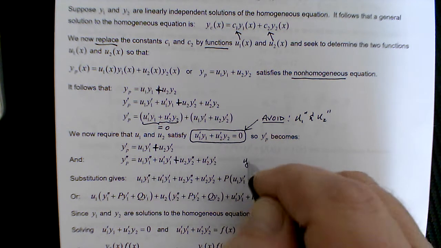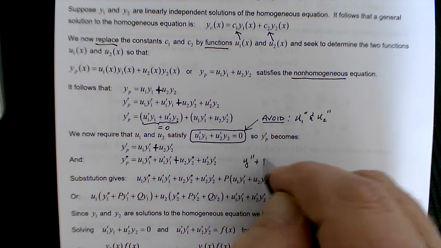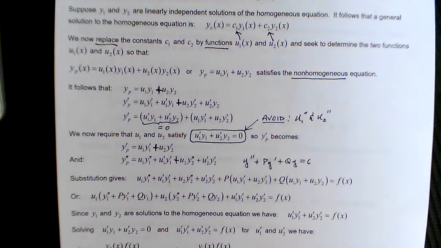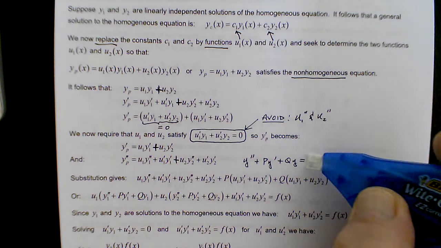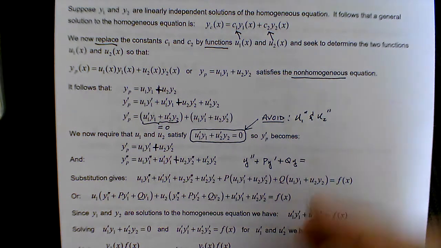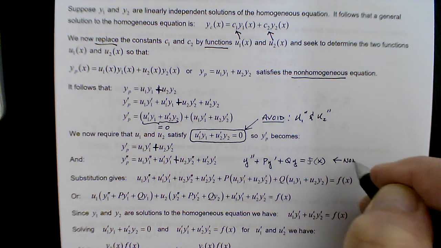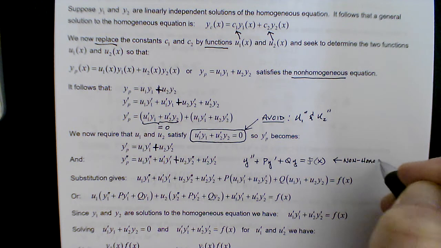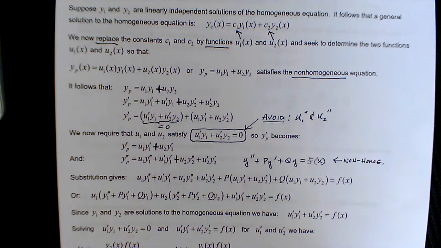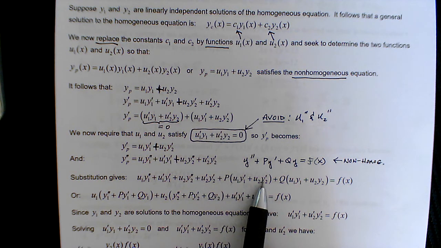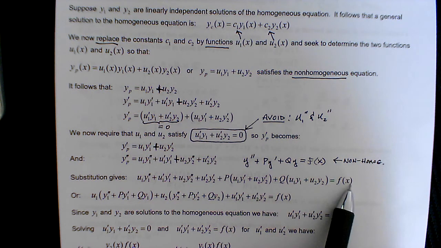So the non-homogeneous was y double prime plus p y prime plus q y equaling f of x, because we're assuming y sub p is the solution to that. And so we have y double prime, so that's these first four terms, and then plus p times, here's y prime, and then plus q times, here's y, and that's equal to f of x.